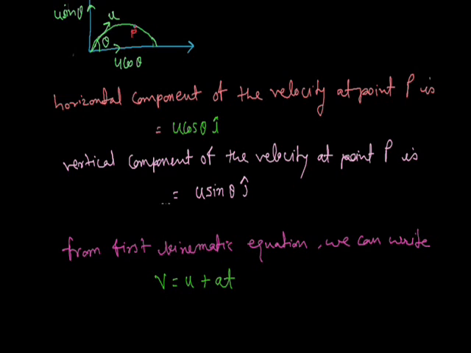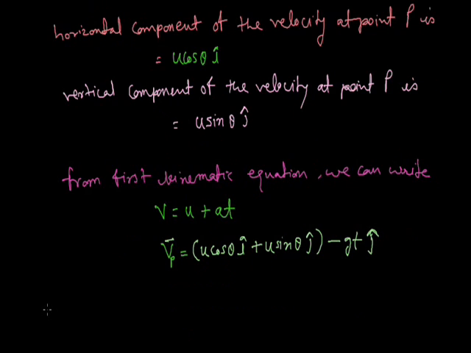Here v is the velocity at any point P, and u is the initial velocity, so u will be u cos theta i cap plus u sin theta j cap, minus g t j cap, because g is always negative.